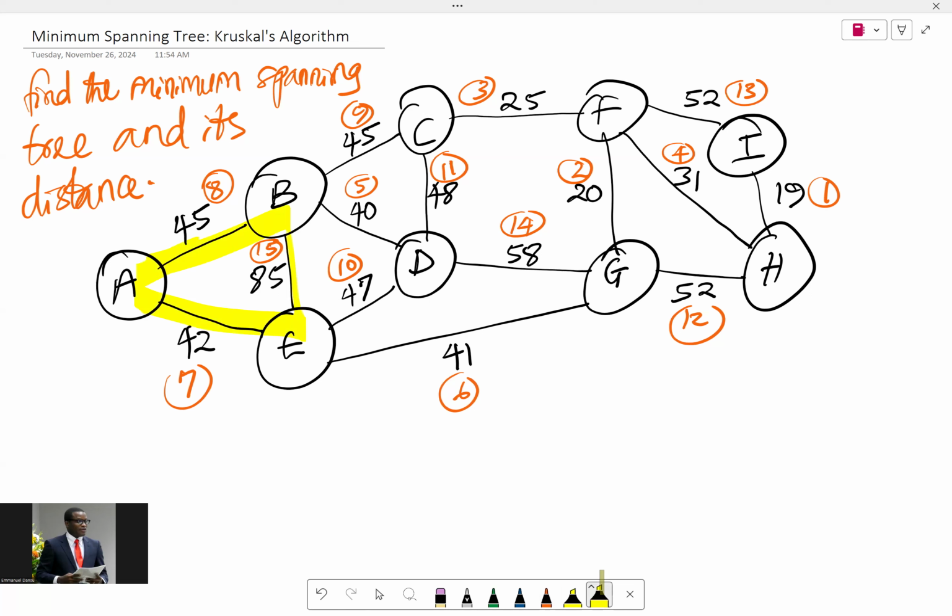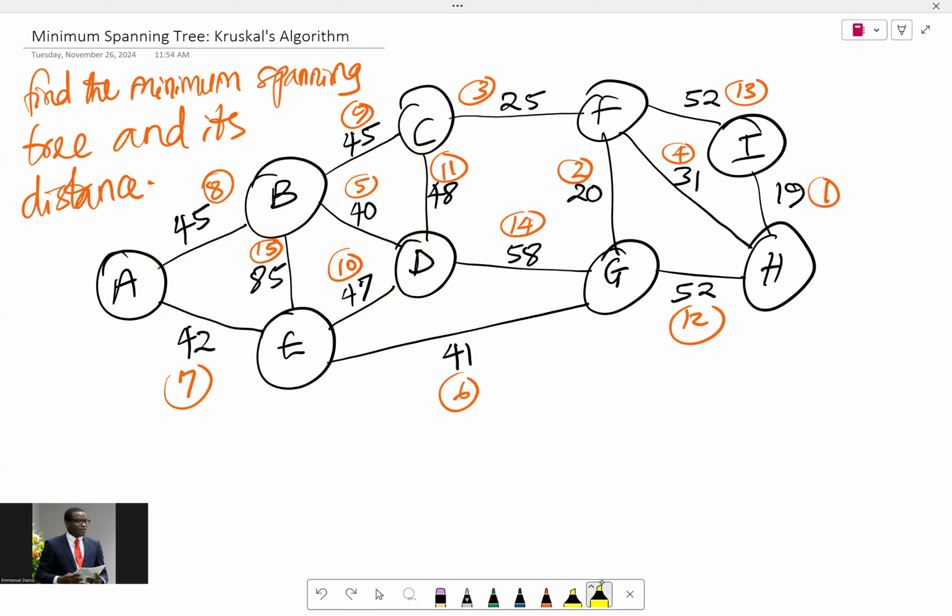Apart from that, this will also be a closed loop. Something like this is also a closed loop, or even this would be a closed loop. So we want to avoid things like that by all means.